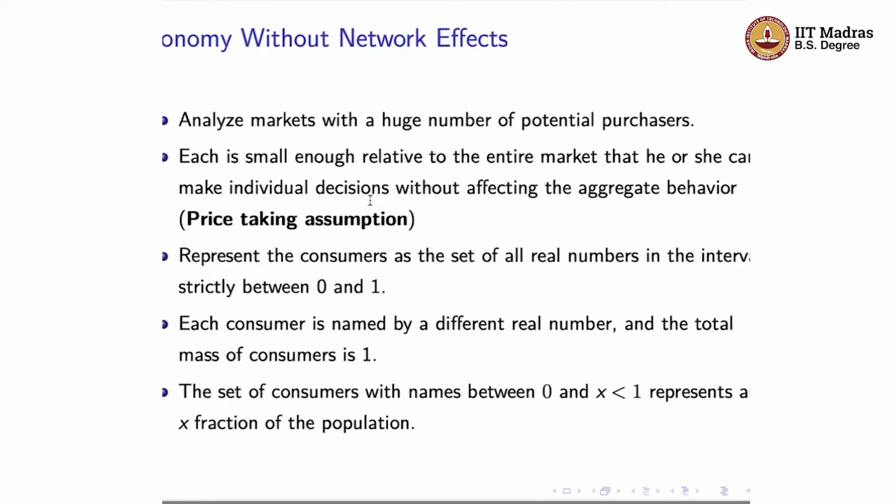Okay. So imagine that you are talking about markets with a huge number of potential purchasers. And each of these purchasers is small enough in the sense that they cannot make individual decisions which would affect the aggregate behavior, right? So these are basically known as price taking assumptions. The idea is very simple. When consumers are deciding how much of a good to purchase, they do not anticipate that their own individual decision in isolation is going to have the ability to actually affect the overall price, right?